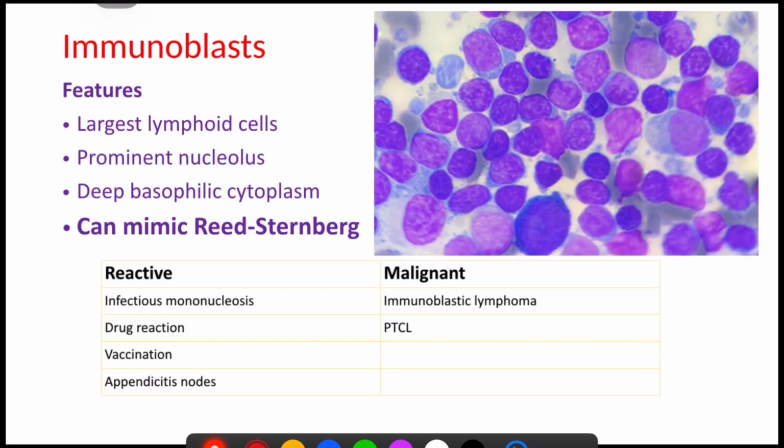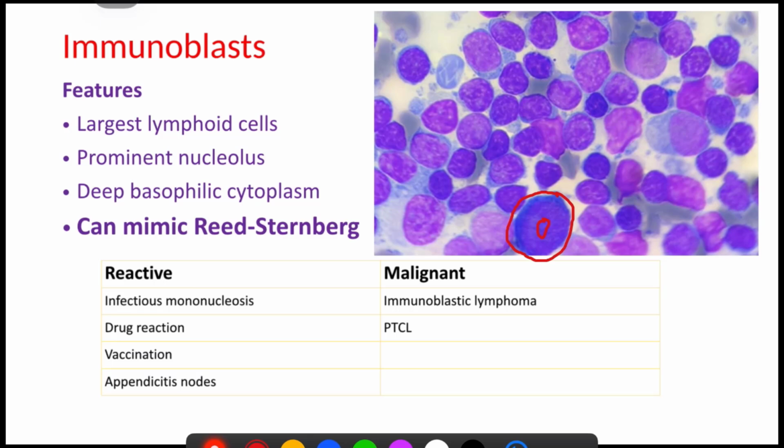Now, immunoblasts. Mostly it is a paracortex cell. It is the largest lymphoid cell, with prominent nucleoli and deep basophilic cytoplasm, right? So here you can appreciate all these cells having a light blue cytoplasm, and the largest cell of this smear having deep blue cytoplasm.